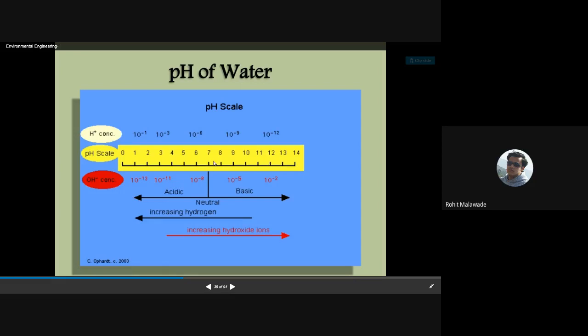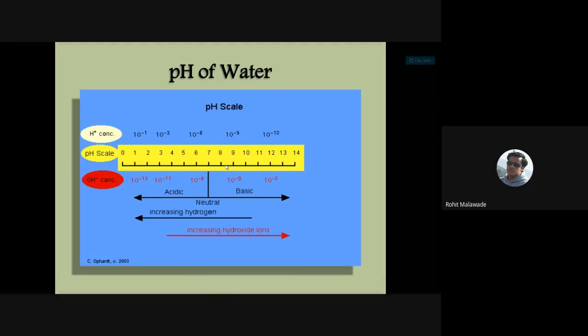Now, if the solution has more hydroxyl ions, then we call it a base, or alkaline in nature. Examples are NaOH, KOH, and CaCO3.